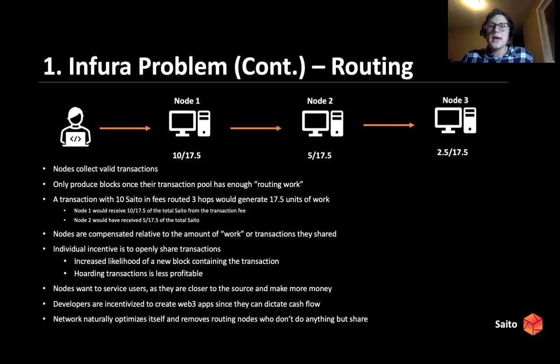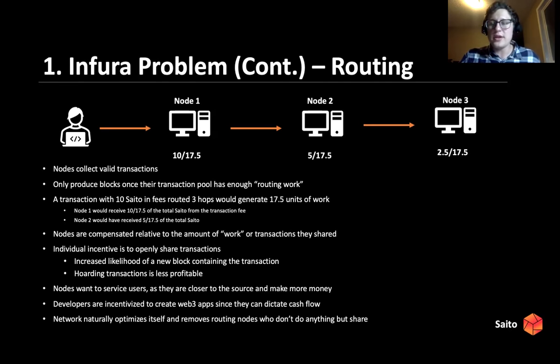By using the Saito consensus mechanism, developers are actually incentivized to create Web3 applications, because if they build the application, they can dictate the cash flow themselves. They can code the application to send transactions to a particular node first before it reaches other nodes. So developers would be able to route transactions to their own nodes, making them more money before the transaction is propagated and shared amongst the other participants.